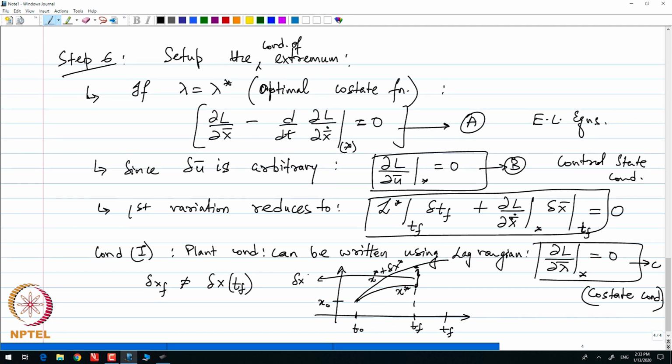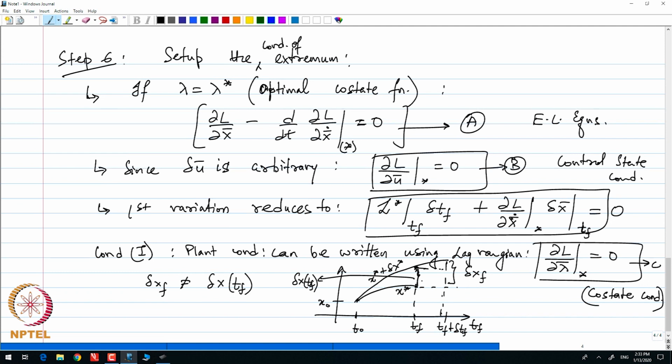So, this is the variation at T f, and notice that the new time is T f plus delta T f. My variation delta x f is the perturbation from the optimal curve to the perturbed curve. So, there is a slight difference between the two quantities. In particular, we will see that they are not equal.